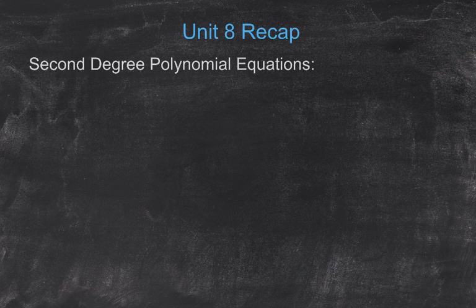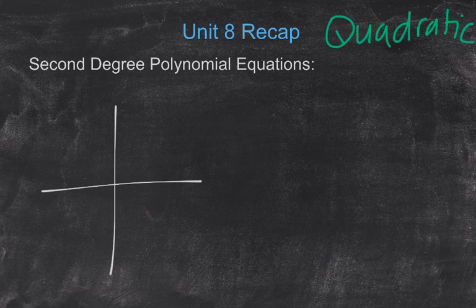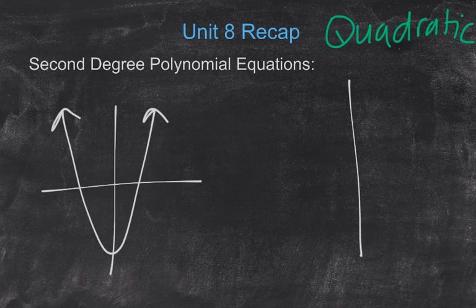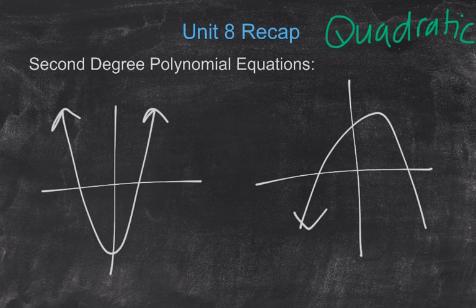A second degree polynomial equation, better known as a quadratic equation or quadratic function, would look a little something like this. Could also look like this. Alright, as x gets very positive, our y values get very positive, and as x gets very negative, our y values get very positive.